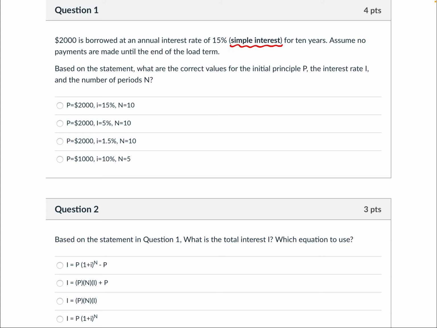Okay, nothing about the interest earned per interest period. And so based on the statement, what are the correct values for the initial principal, the interest rate, and the number of periods n?